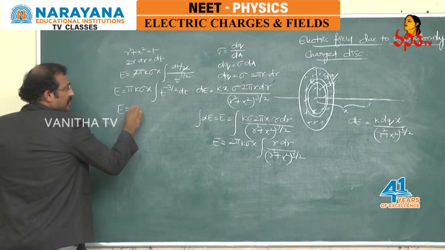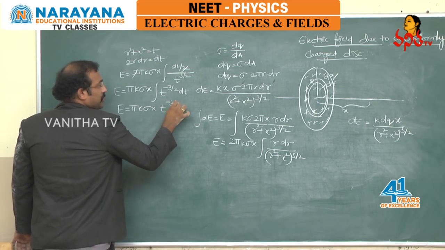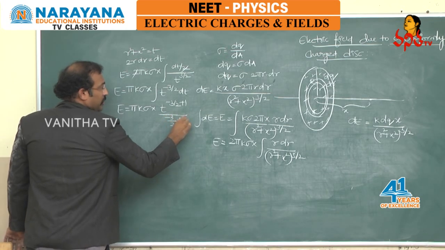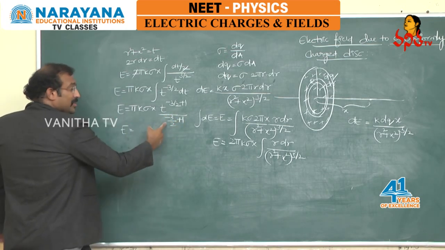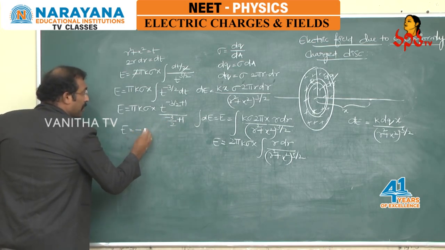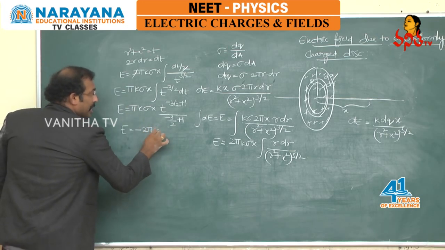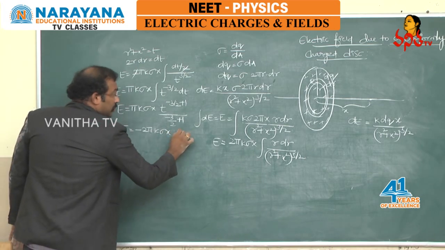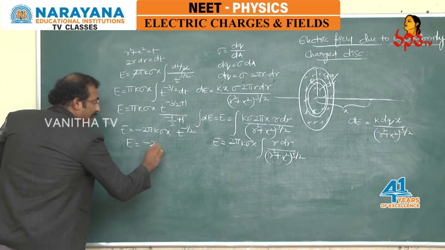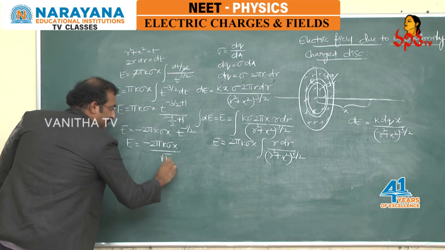So I can write this as pi k sigma x t power minus 3 by 2 plus 1 by minus 3 by 2 plus 1. So E is equal to, this is minus 1 by 2, so the 2 will go up: 2 pi k sigma x into t power minus 1 by 2. So E is equal to minus 2 pi k sigma x by root t.